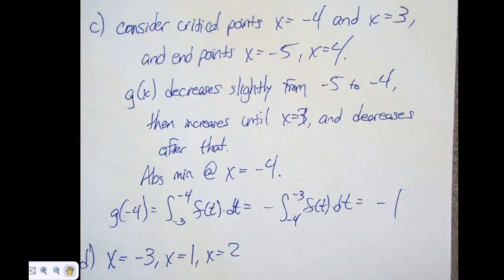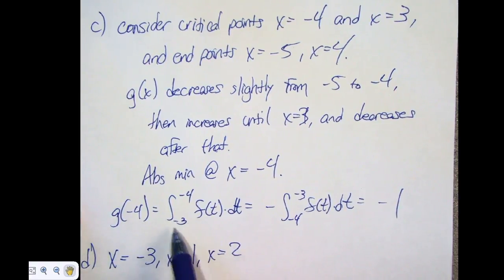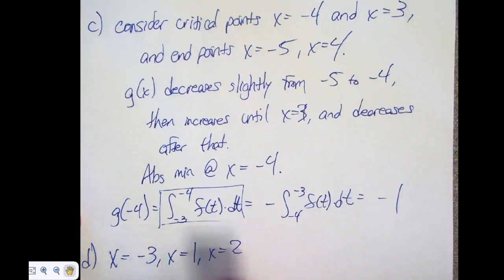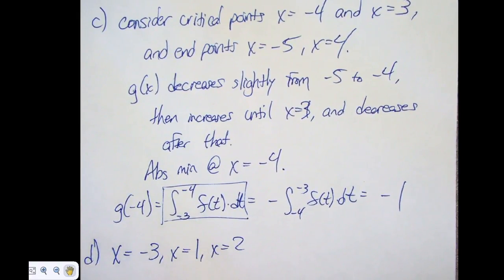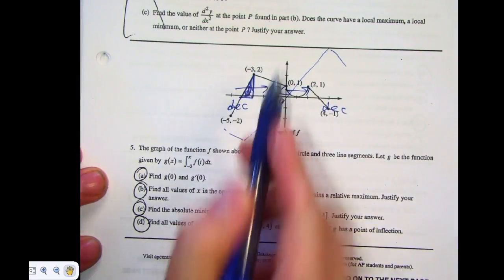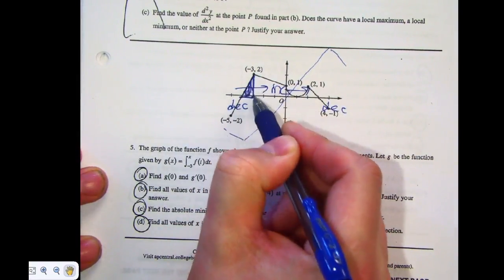How do I integrate a graph? Anybody, how do I integrate a graph? I'll go up a level, which is find the area. So I'm finding the area between -3 and -4. It's a triangle with a height of 2.